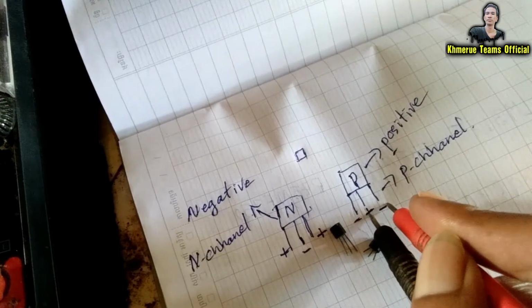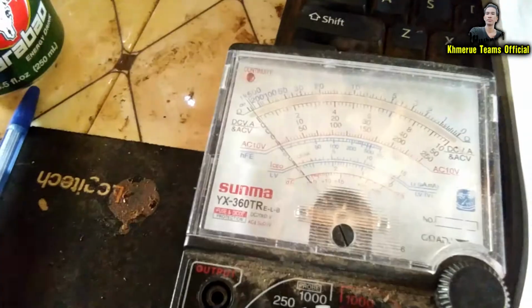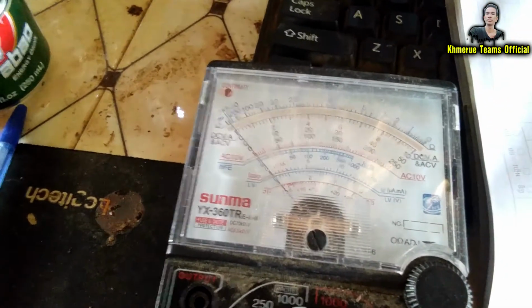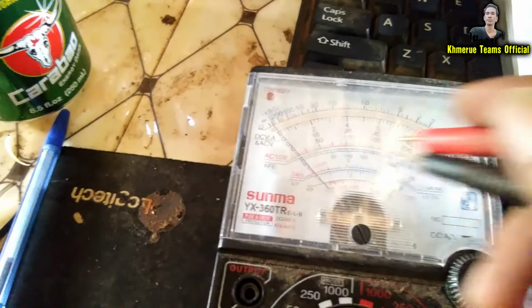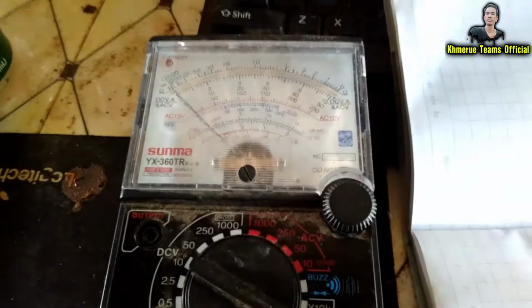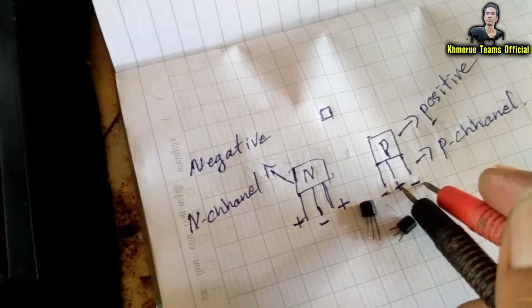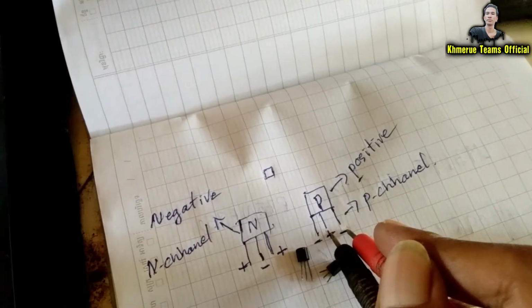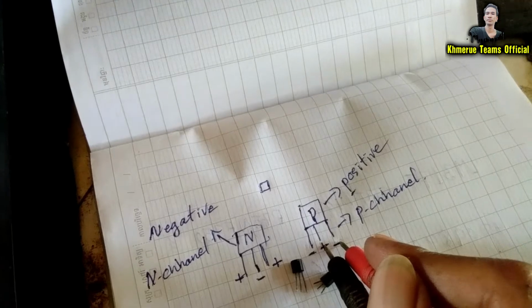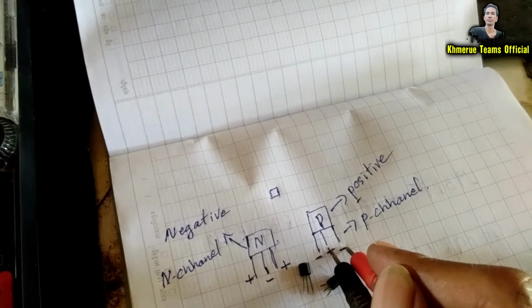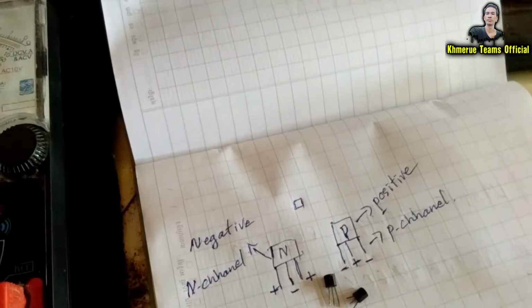When you measure like this, the needle is not moving up. If you see it working when you measure like this, it means it is broken or your transistor is dead. So this is how the P channel works.